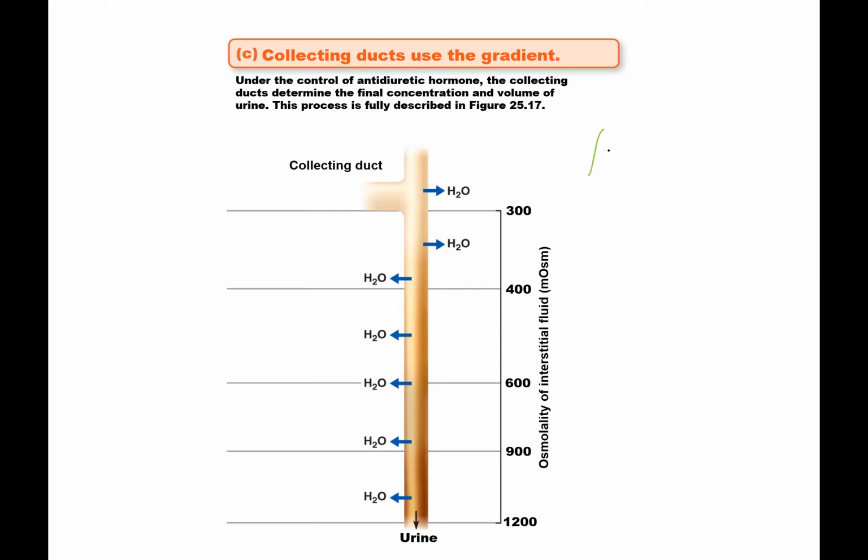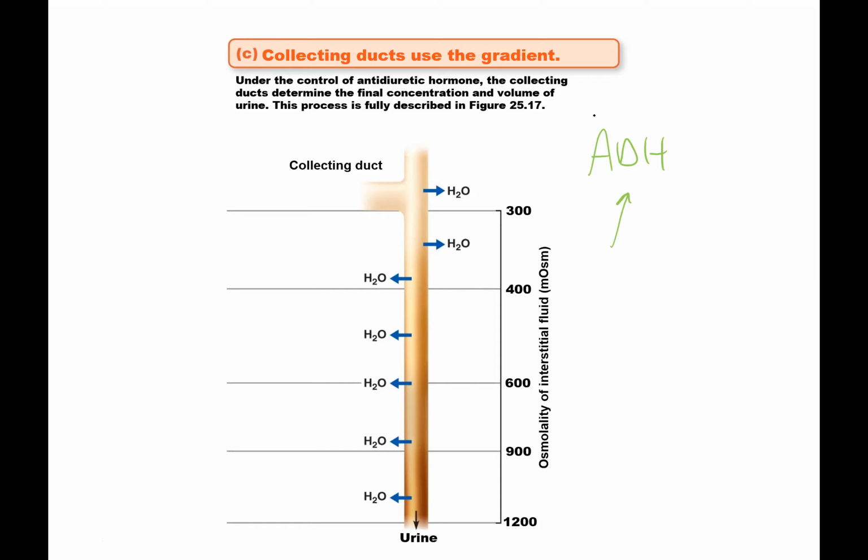Okay, antidiuretic hormone is at play here. Keep in mind, in the presence of ADH, you keep fluid. Now, your body is constantly going back and forth on how much antidiuretic hormone is present in the kidneys.